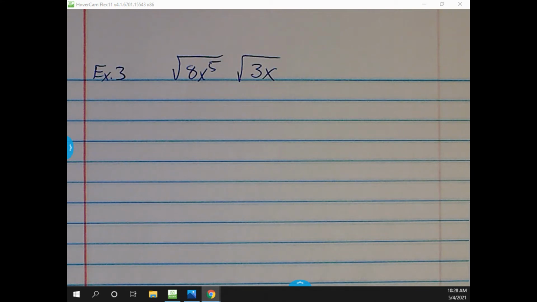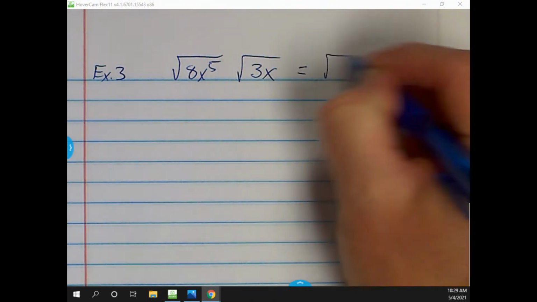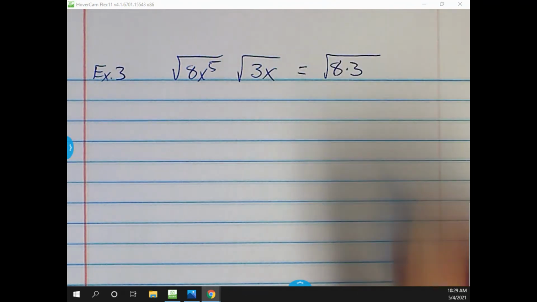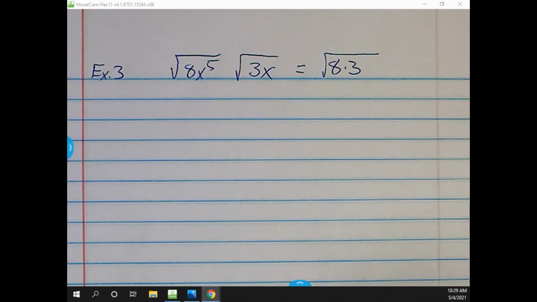Index is the same, so we're good there. So go ahead and put it together. So we've got 8 times 3, and again, 8 times 3 is 24. If we did the square root of 24, that would not be a perfect square root number, so you don't really have to put that one together.